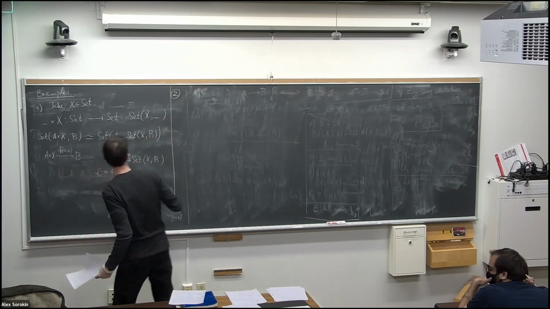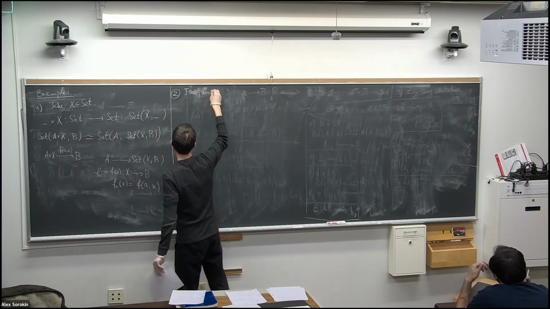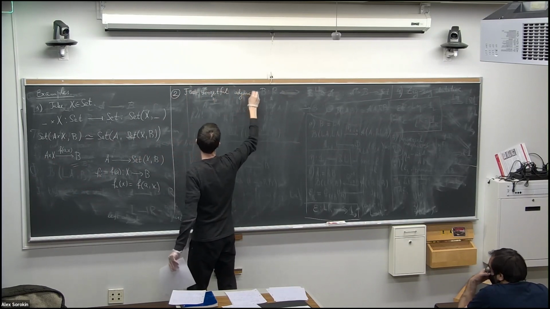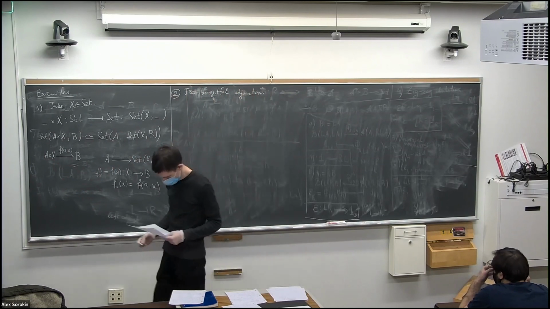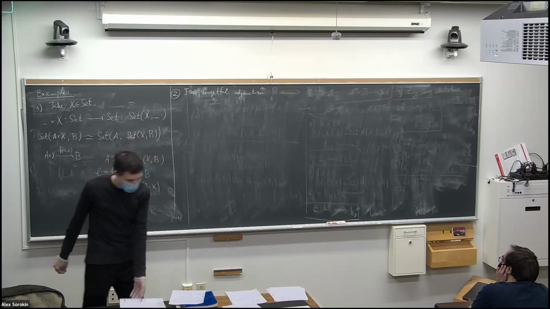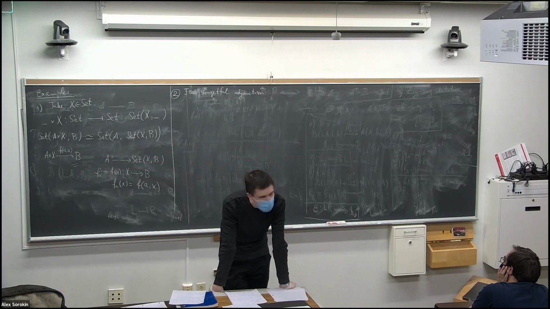Second is the free forgetful adjunction. Well, one asks, what is a forgetful functor? A forgetful functor is a functor for which there exists a left adjoint called a free functor. What is a free functor? It's one for which there exists the right adjoint which is called the forgetful functor.